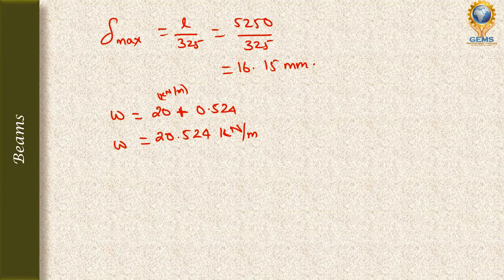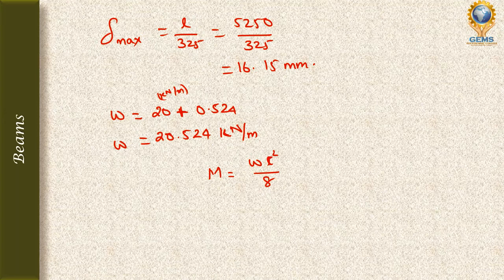Now we will find the maximum bending moment and the maximum shear force. So maximum bending moment M is equal to, it is a simply supported beam, W L square by 8.